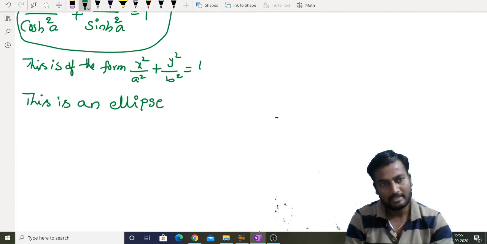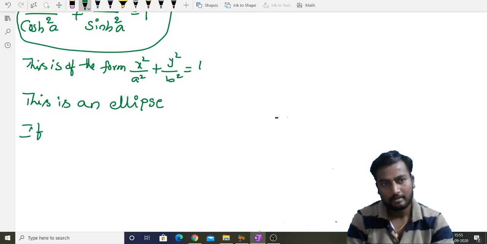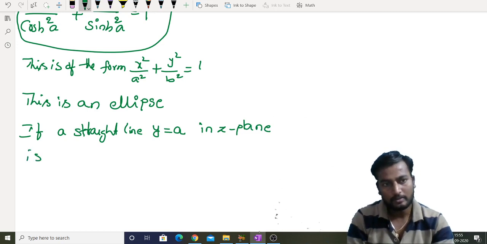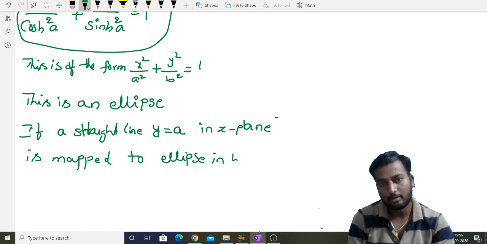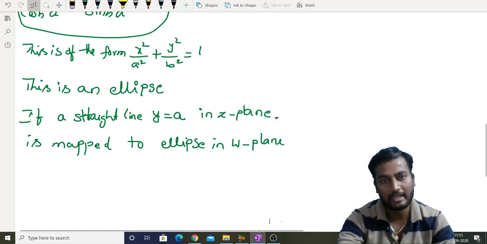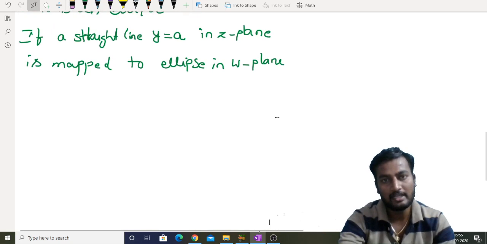So from this it is clear that a straight line y equal to a, a line parallel to the x-axis in the z plane, is mapped to an ellipse in the w plane.